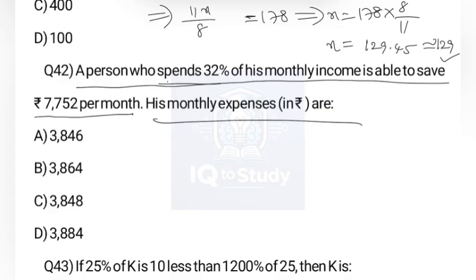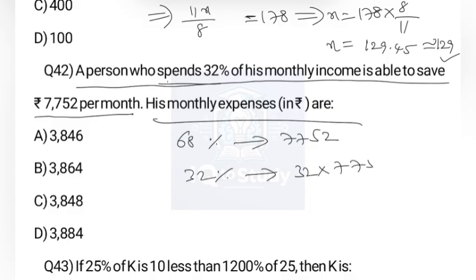So 68% is equal to 7,752 per month. Then 32% is equal to 32 into 7,752 by 68. Which is equal to 3,648.